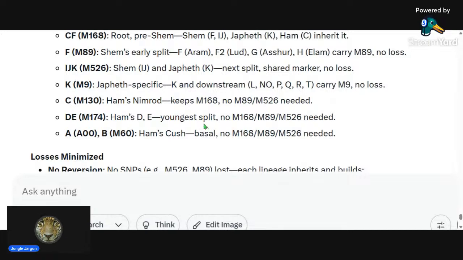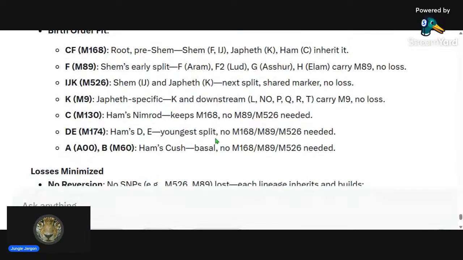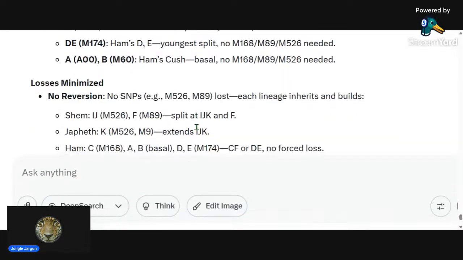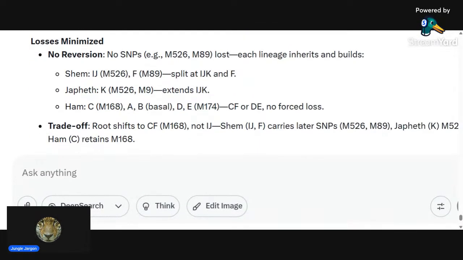This is Nimrod's, right? Yeah, Nimrod's marker is the CF. I mean, the M168. Okay, losses minimized. No reversions, no SNPs. Each lineage inherits and builds. Okay.